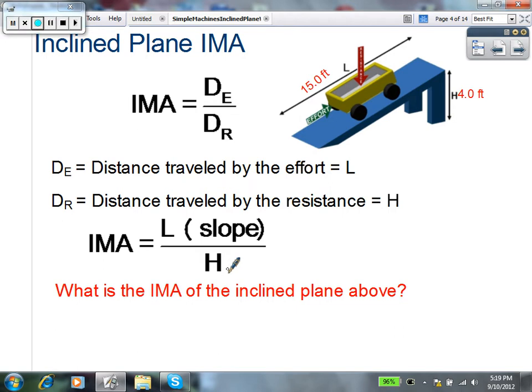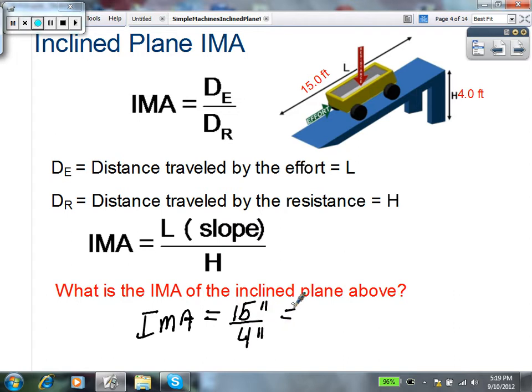So looking at our picture up here on the right, we can say that the ideal mechanical advantage for this inclined plane is going to be the length of the slope, which is 15 inches, and the height of that slope, which is 4 inches.